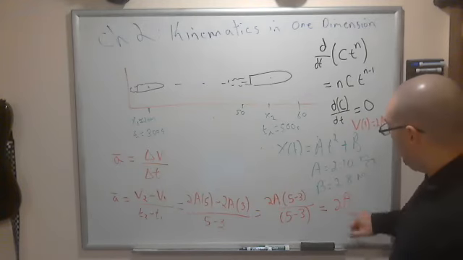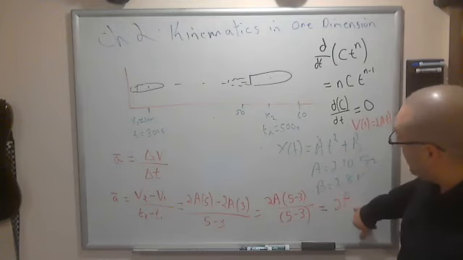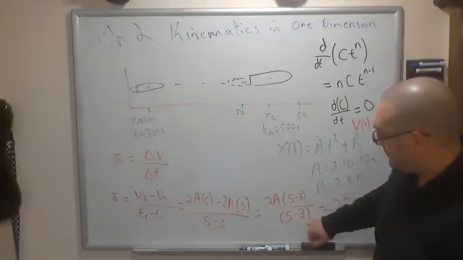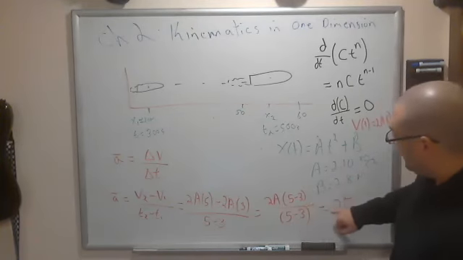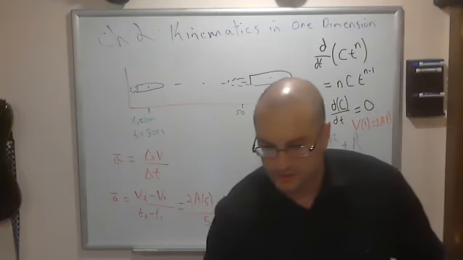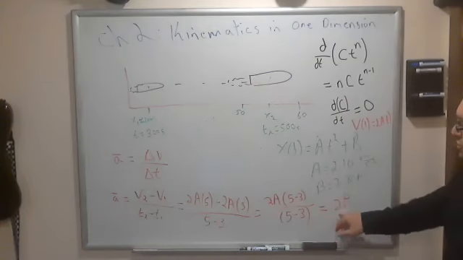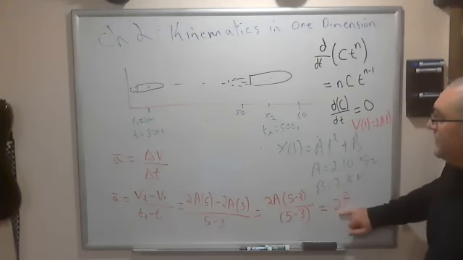You guys see that? So actually in this problem, the time does not really matter. You can see it cancels itself out. And this is what we call constant acceleration.